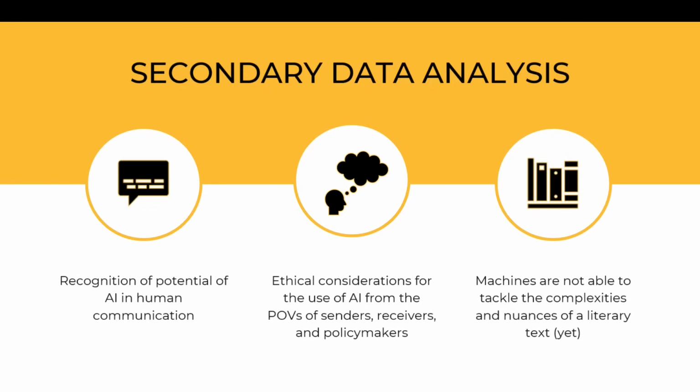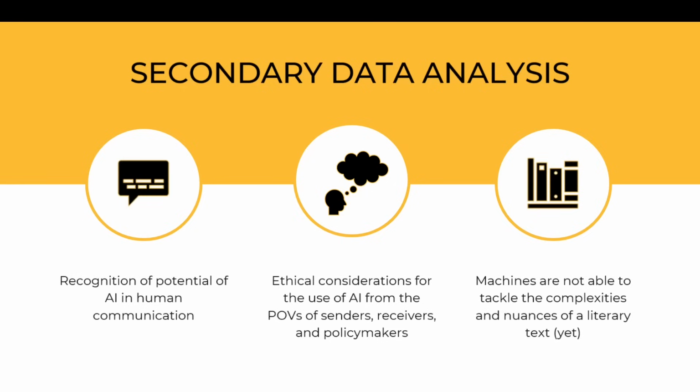We had some key learning points from those analyses. As you can see, the main points were that we could recognize a lot of potential of AI in human communication, especially in human-human communications between different languages and human to AI communication.